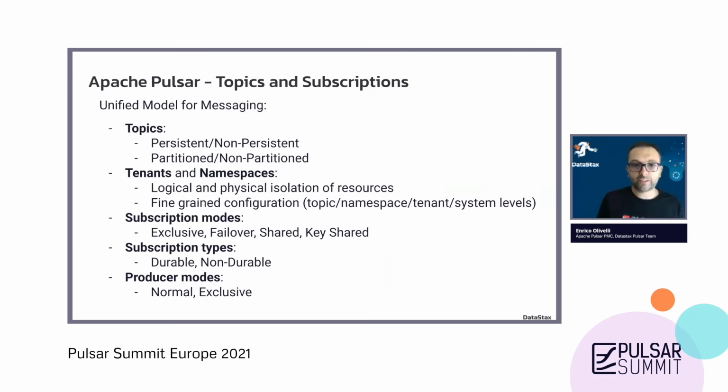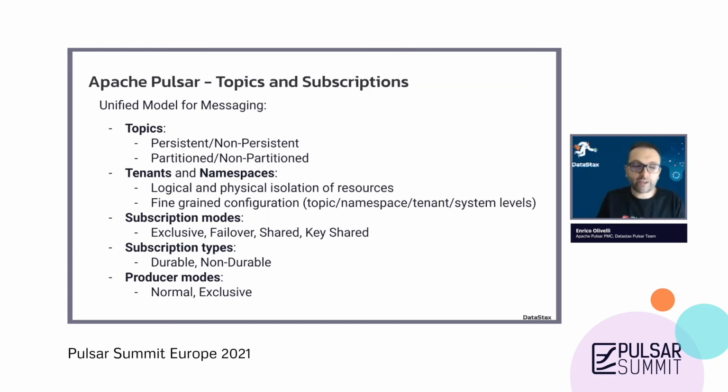You have tenants and namespaces that provide logical and physical isolation of resources, because topics are grouped in namespaces, and namespaces are grouped in tenants, and you can select machines or resources and dedicate them to specific tenants.